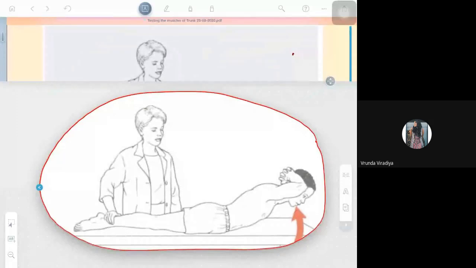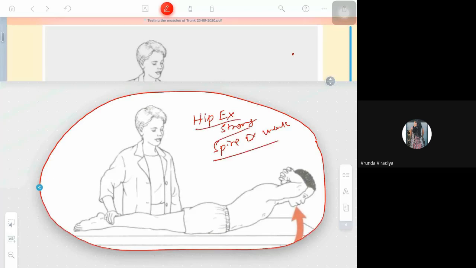What condition have we taken? We have taken the condition hip extensor is strong and spine extensors are weak. What will happen? First point is pelvis will tilt posteriorly.